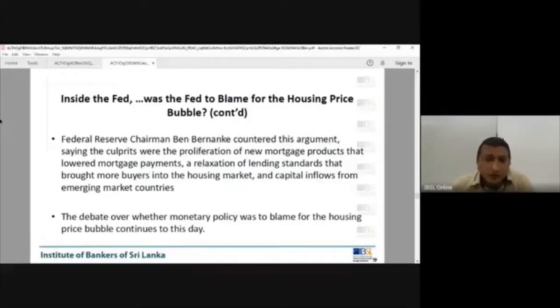In fact, with all this financial innovation, new mortgage products reduced the mortgage payments by the borrowers. And then he argued relaxation of lending standards, which we were discussing repeatedly.